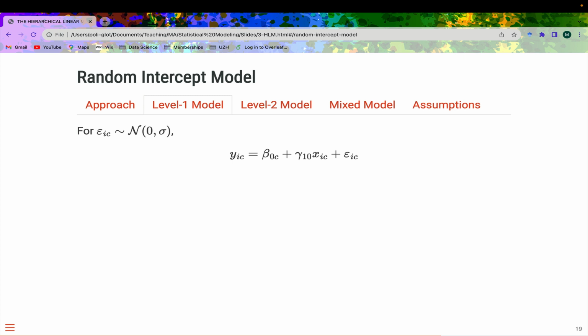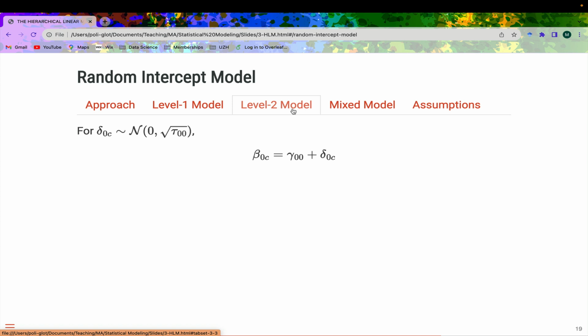Now, for the level 2 model, things look very similar to what we had in the random effects ANOVA. Basically, what we're writing there is simply, again, the same as in random effects ANOVA, that beta 0c equals gamma 00 plus delta 0c.